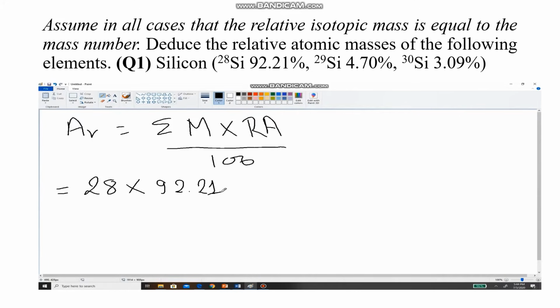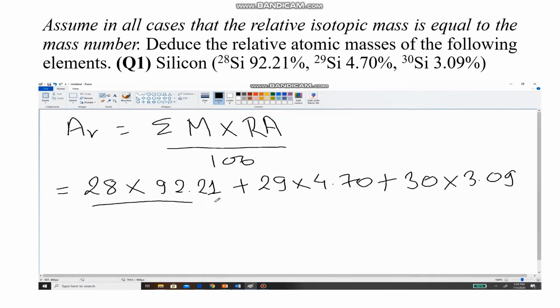And since we have sigma, we need to add this to silicon 29, which has the mass of 29 into its relative abundance of 4.70, and we also have silicon 30. So now we add again, plus 30, the mass of silicon 30, into its relative abundance, which is 3.09. And in the formula we need to divide by 100.